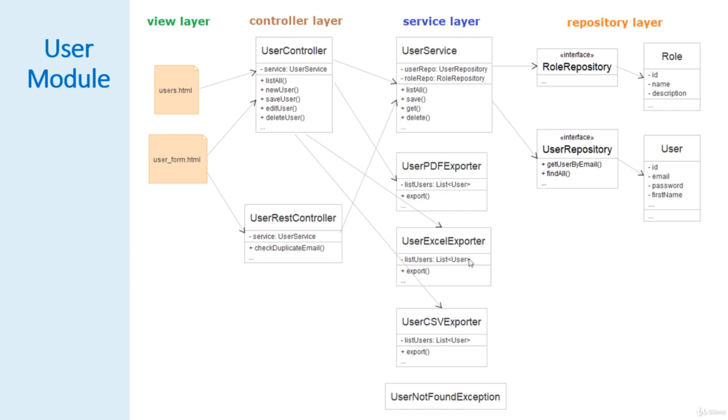And in the service layer, we will have the user service, which is the main business class that implements business logic for the user management. And in addition, we will have some business classes for exporting user information to PDF, Excel, and CSV. And the user not found exception class can be thrown by the methods in the user service class.